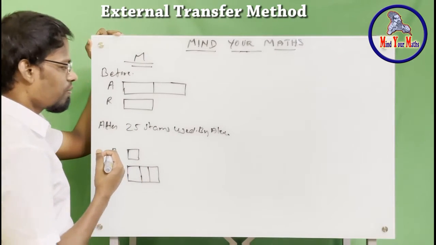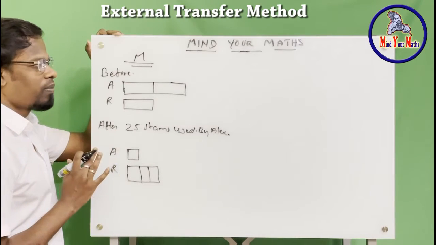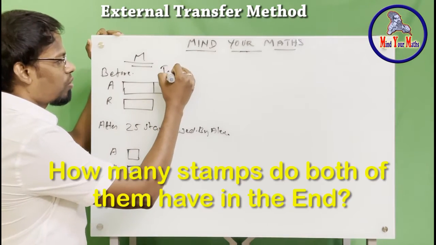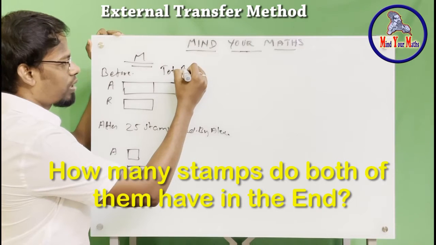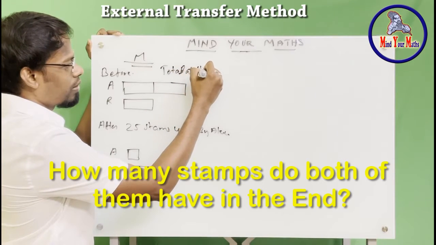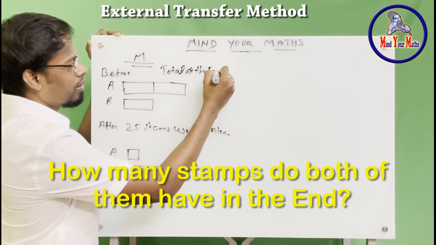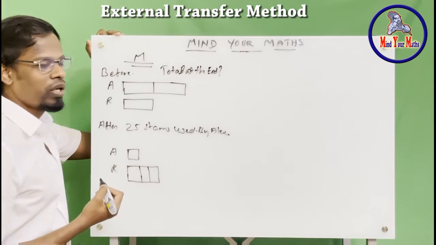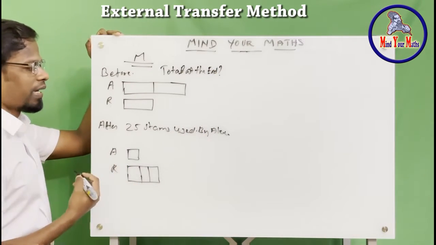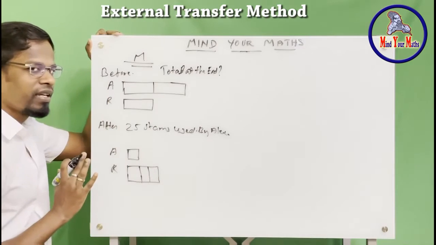This is what is given in the problem, and the question is the total at the end. That is what we need to find.